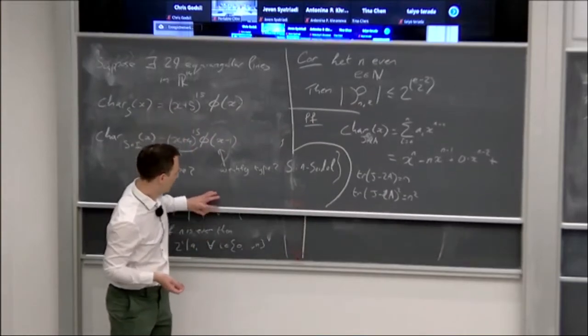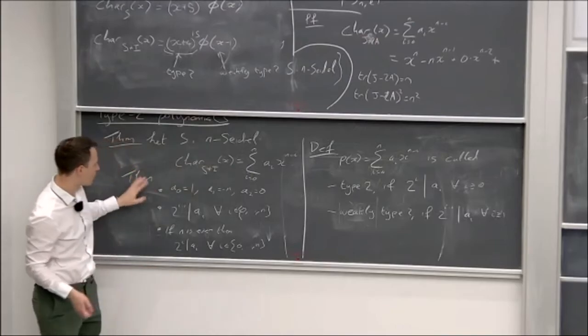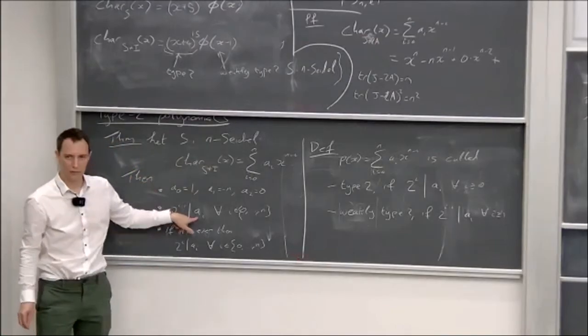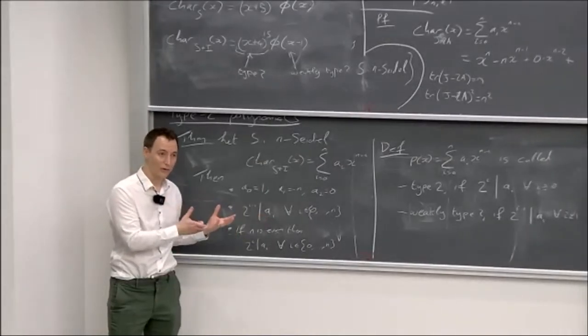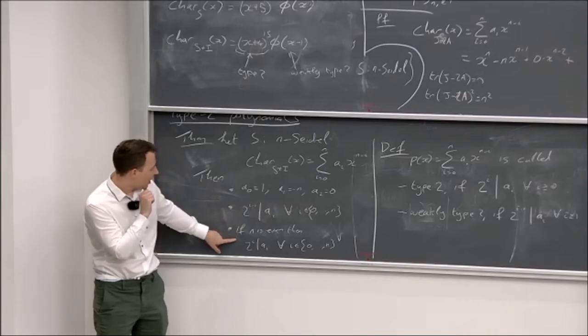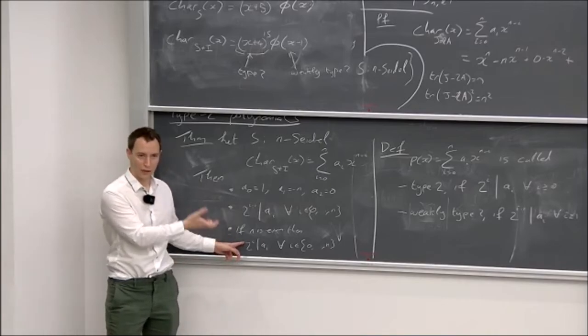So this summary theorem, this 2 to the i minus 1 divides the ith coefficient, is not as strong as our upper bound for the odd case. However, this condition is precisely the same as the upper bound for the even case.